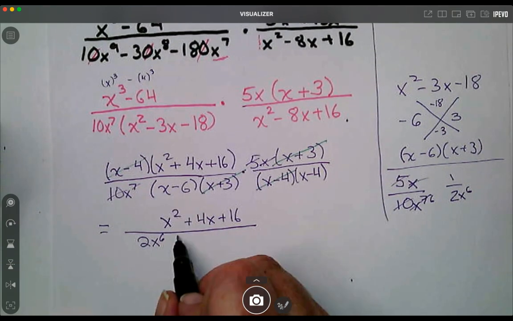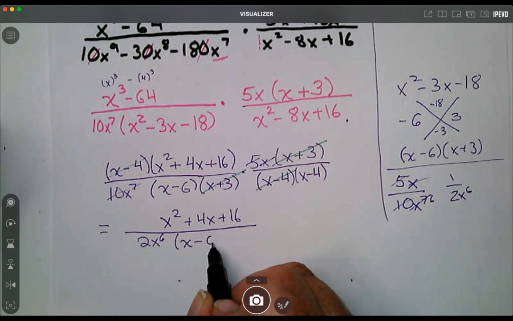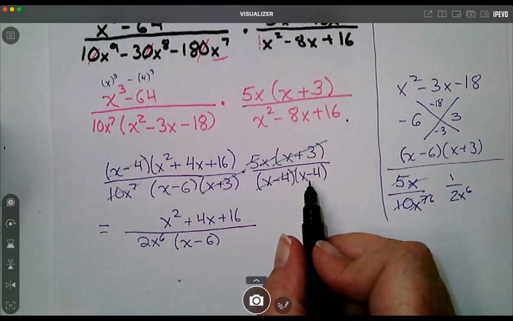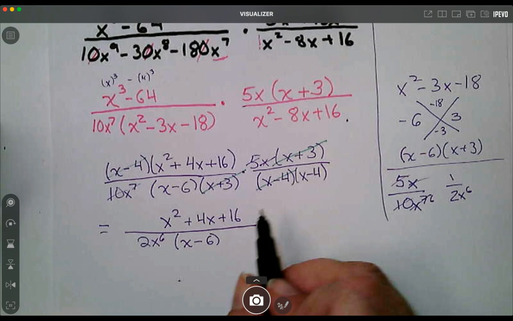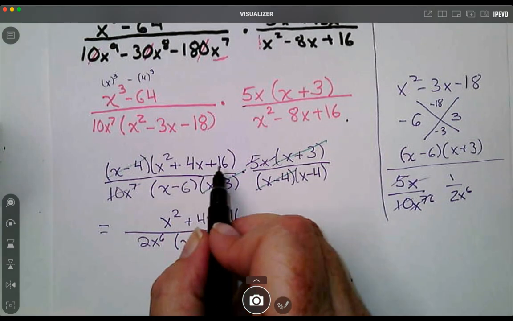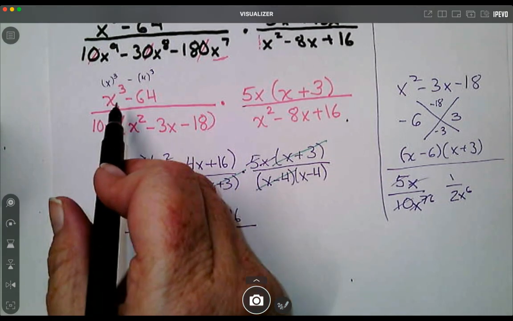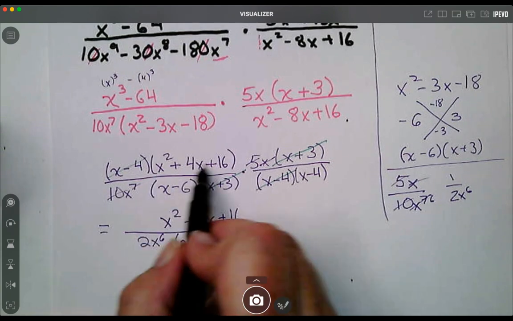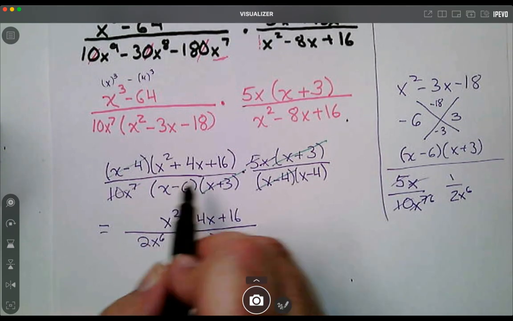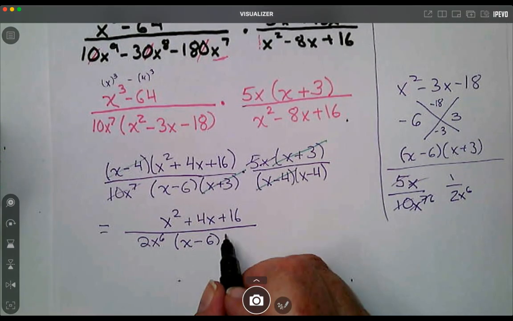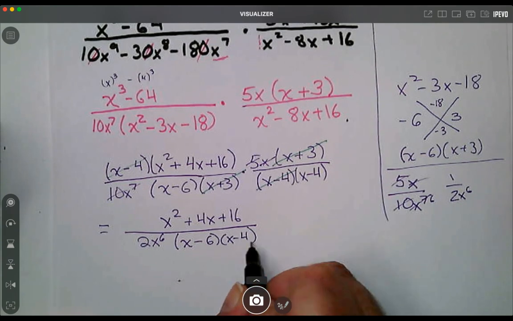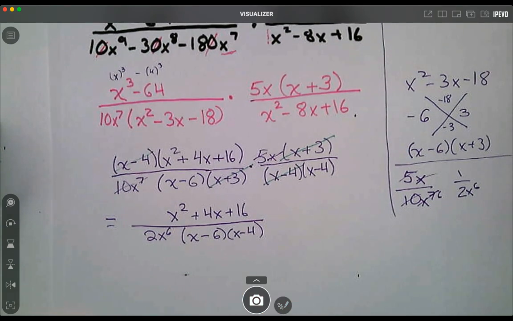This x minus 6 never canceled. And this x minus 4 didn't have anything to cancel with. Remember, this will never factor because it came out of a difference of cubes. So this is never going to go anywhere. X minus 4. And that is my answer.